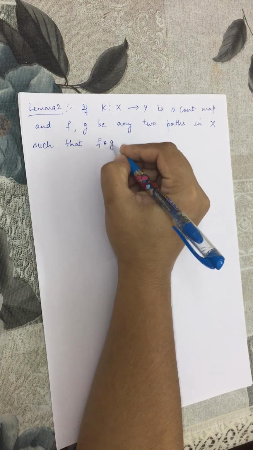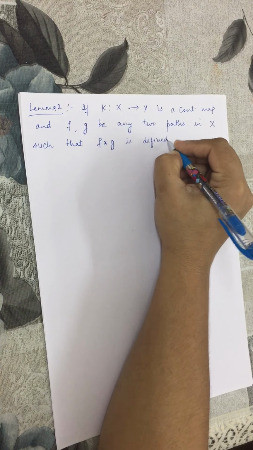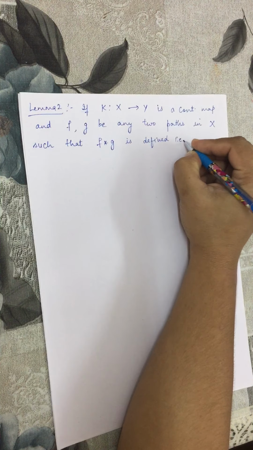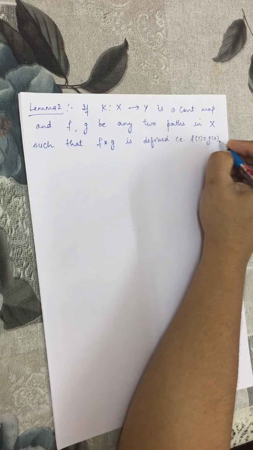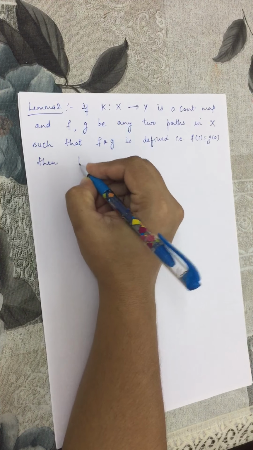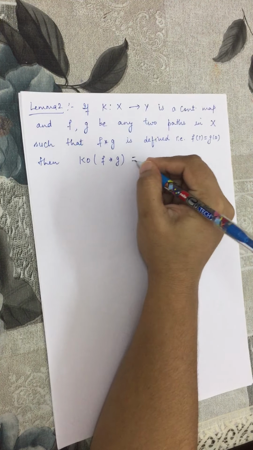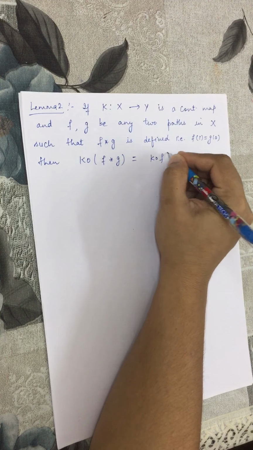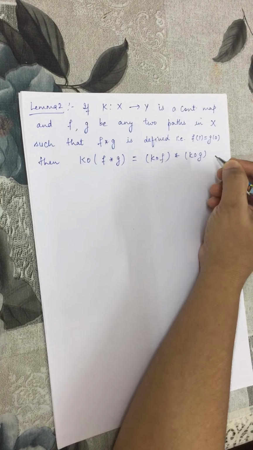So f star g is defined means the endpoint of f is the starting point of g, that is f of 1 is equal to g of 0. Then we have to prove k circle (f star g) is (k circle f) star (k circle g).